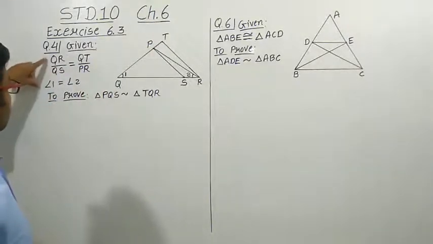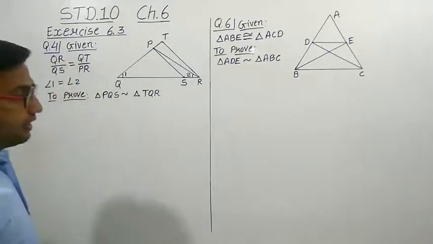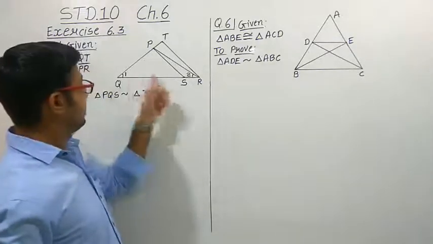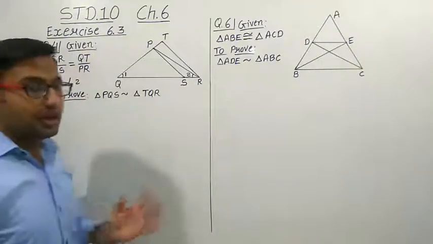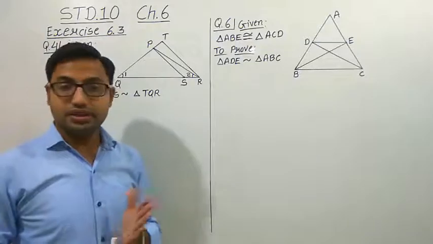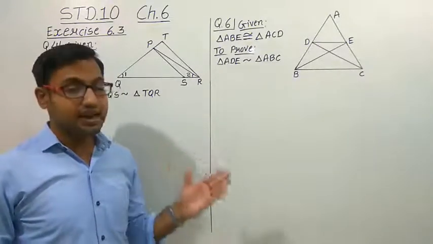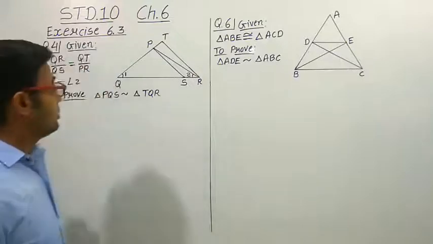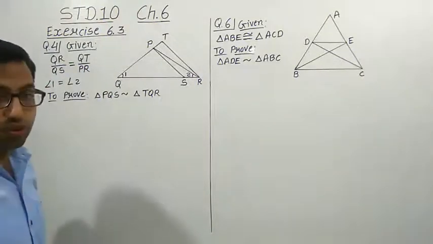Conditions we have given are QR upon QS is equal to QT upon PR, and angle 1 and angle 2, both the angles are equal. So we have the criteria to prove two triangles similar: angle, side-side, and angle, side. Let us see which criteria here we can use.